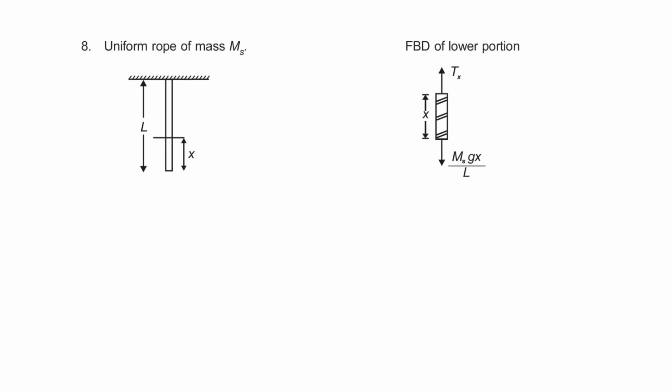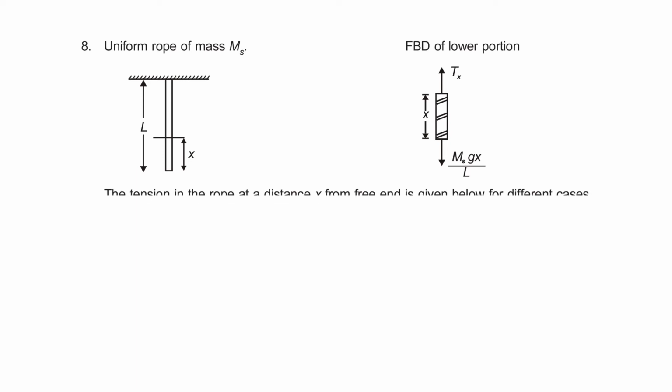Formula number 8. Refer to the image on your screen. Now the tension in the rope at a distance x from the free end is given below for different cases.